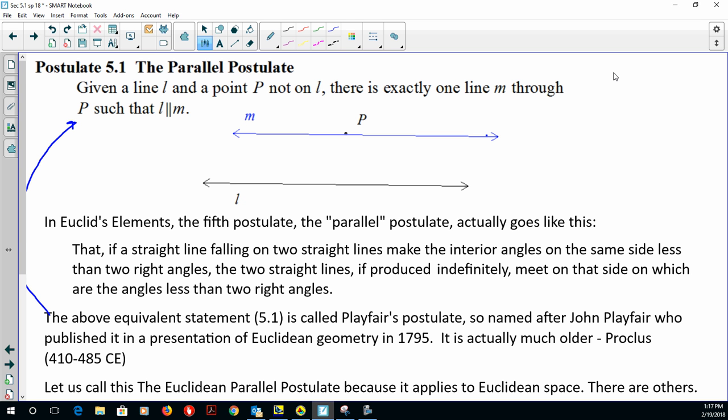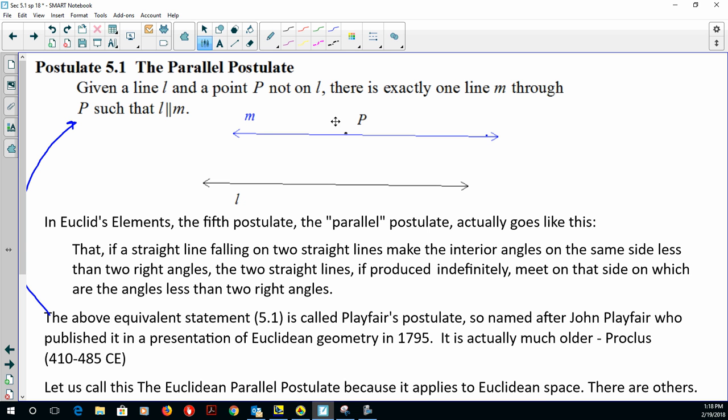This parallel postulate, that there is exactly one line through a point not on the line that is parallel, is sometimes called the Euclidean parallel postulate. Geometries where this is true are called Euclidean. And we tend to think that the space we live in is Euclidean, but not necessarily. There are other parallel postulates.